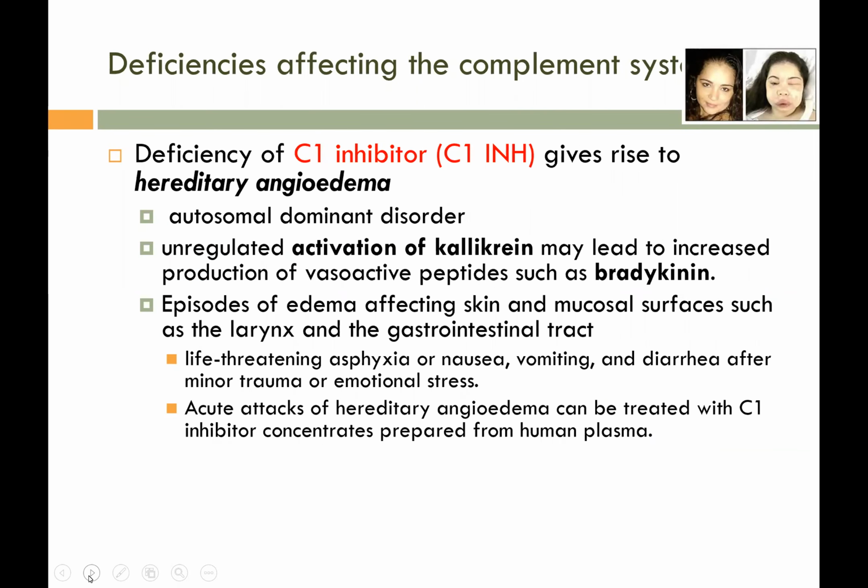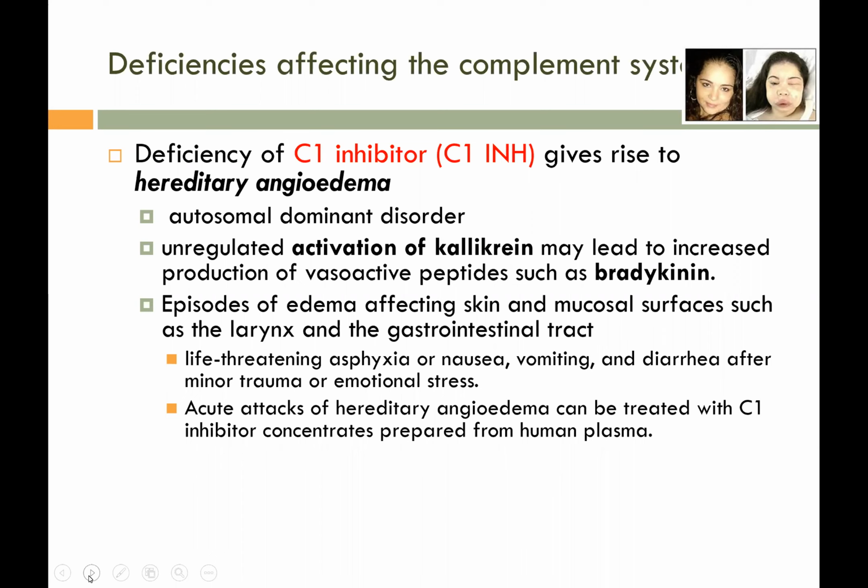There is also what you call as hereditary angioedema, which is evident in this patient. It is regarded as an autosomal dominant disorder. As you can see here, the problem is the production of bradykinin.